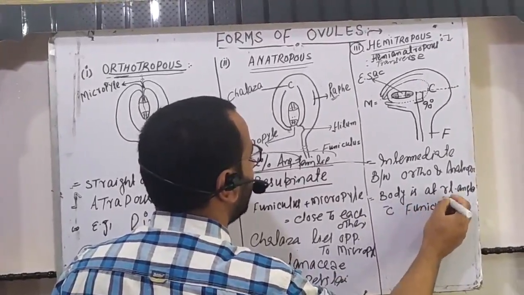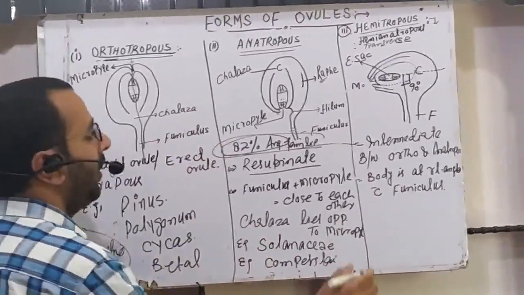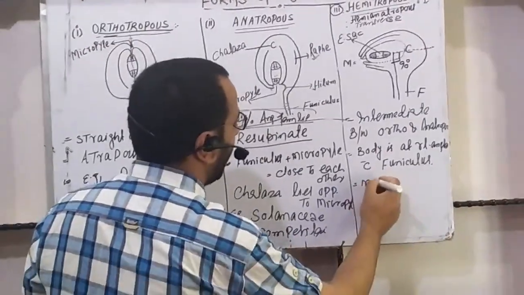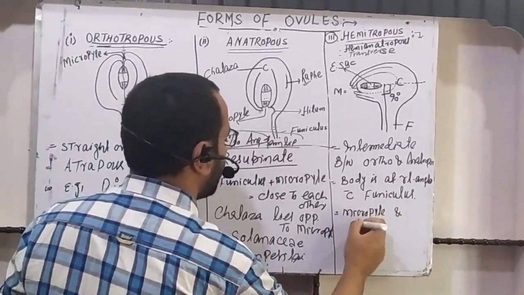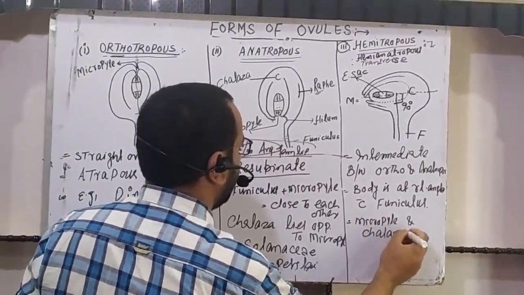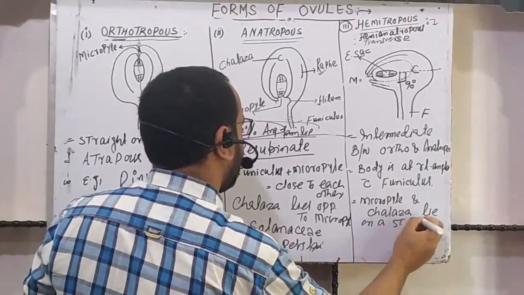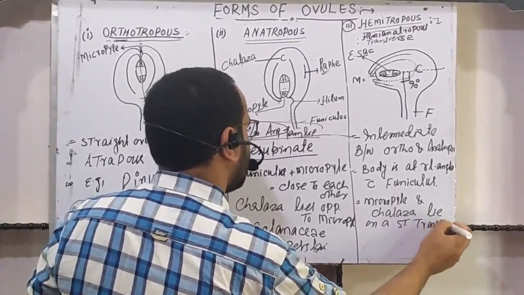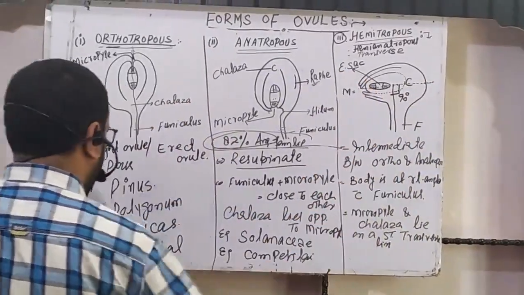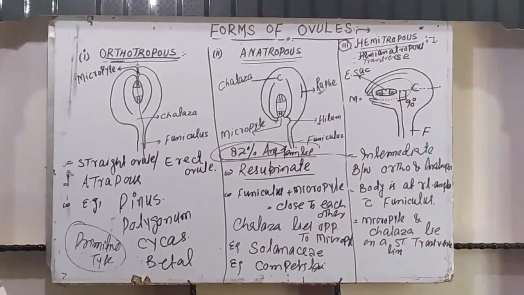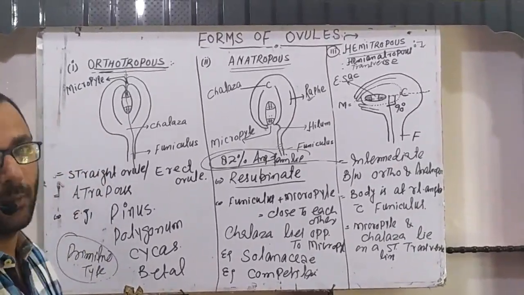Right angles means at 90 degrees. While micropyle and chalaza lie on a straight transverse line. These two lie on a straight transverse line. This type of ovule is termed hemitropous ovule.